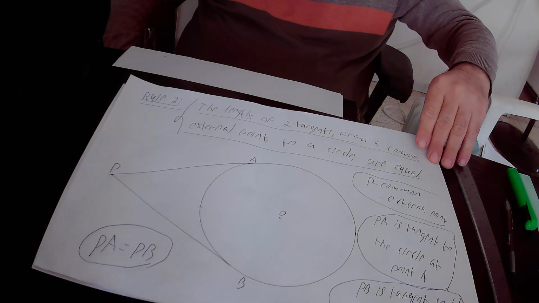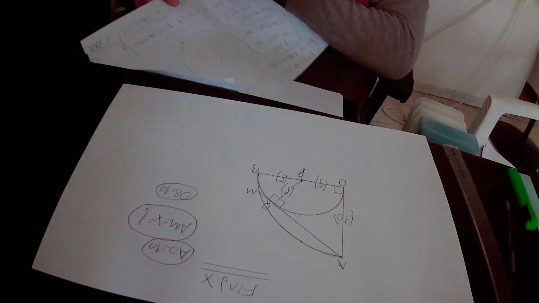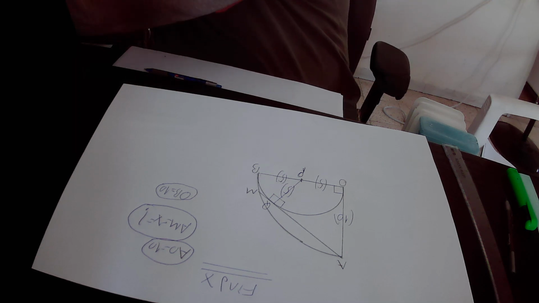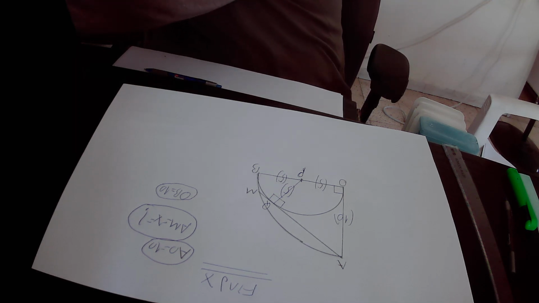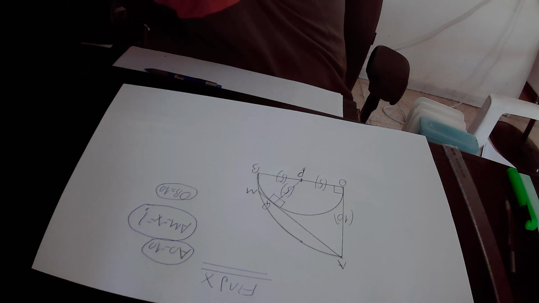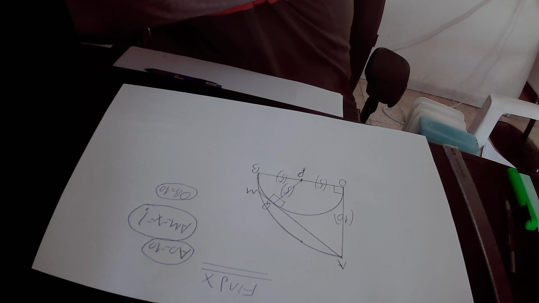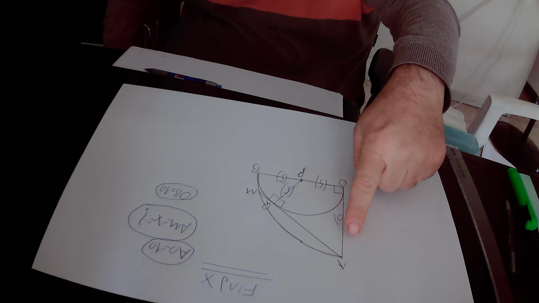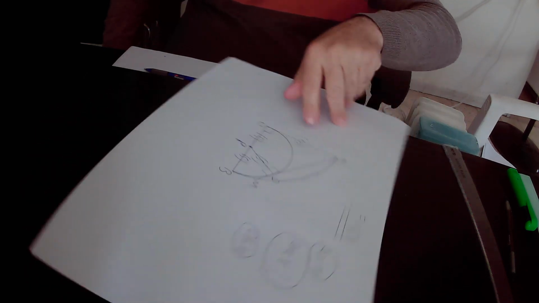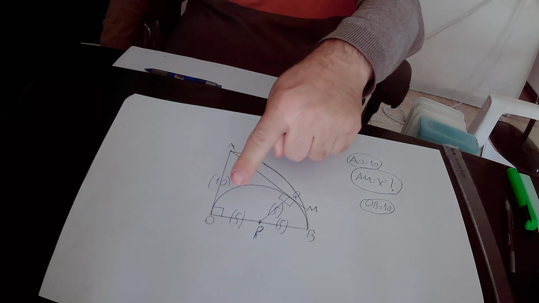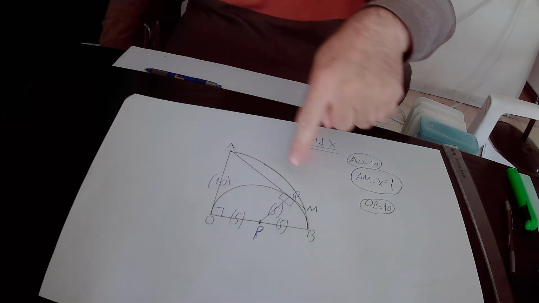We can actually implement rule number 2 in our drawing. Why? Because in our drawing, we focus on the common external point, point A. From the common external point A, we have two tangents to this semicircle, tangent AO and tangent AQ.